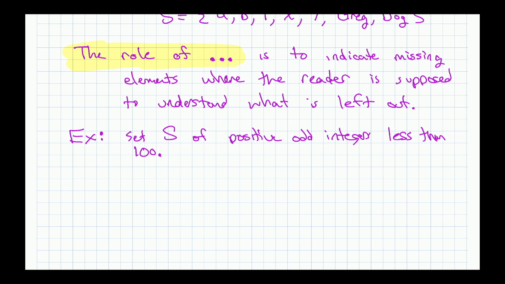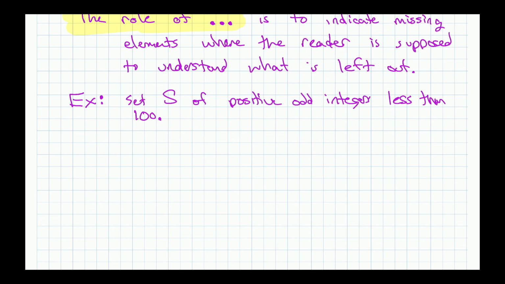I don't want to list all of the numbers from 1 to 100. So what you would do is you would say S equals, and then you list off enough that somebody is supposed to be able to see the pattern. So like I would go 1, 3, 5, 7. I think that somebody reading this can realize that I'm listing odd numbers. So once I think that they understand that, I put comma, dot, dot, dot, and then I should tell you where to stop. 99.